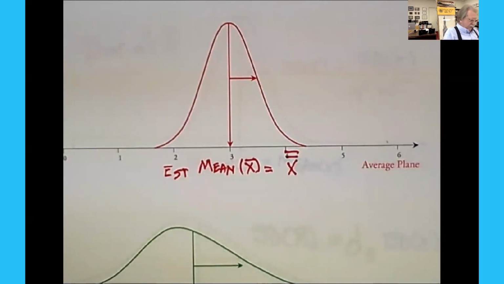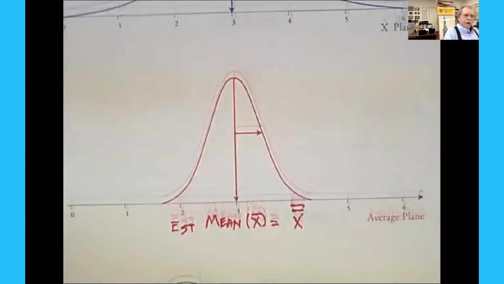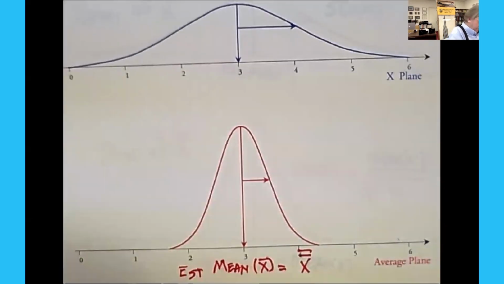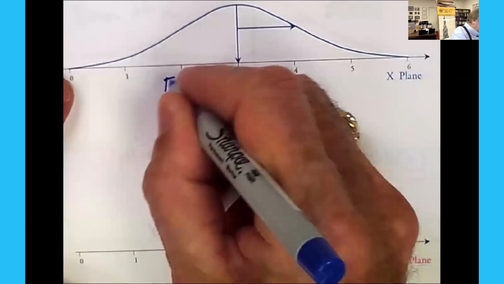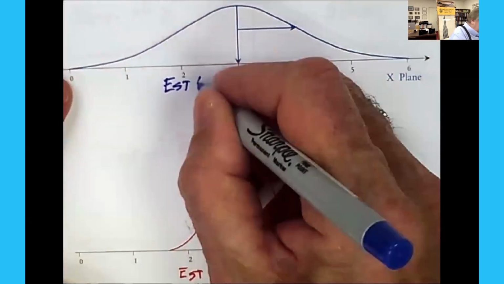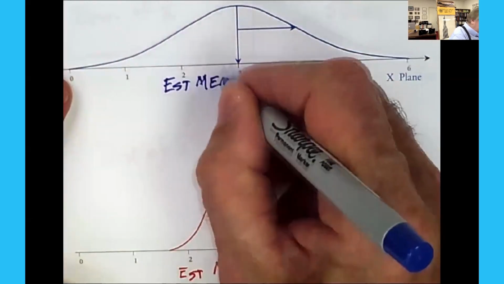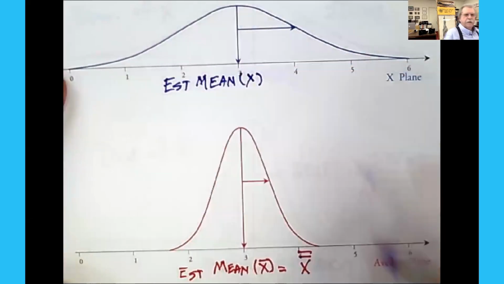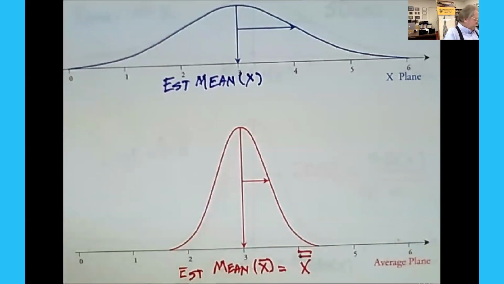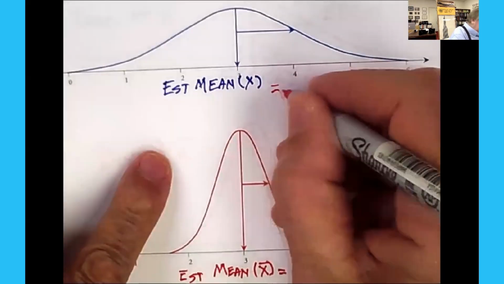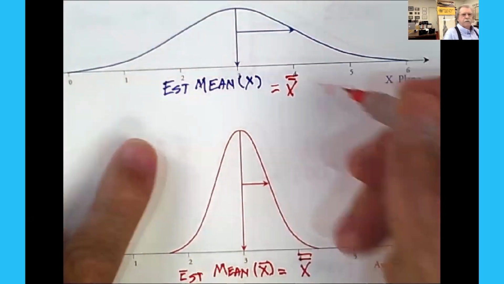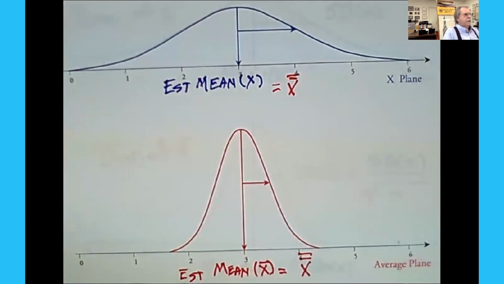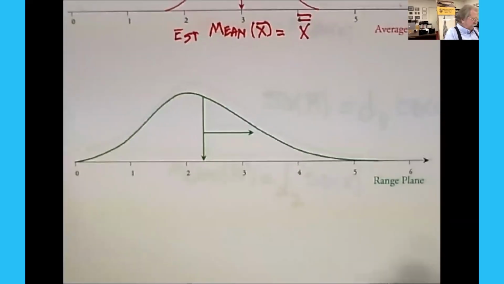And I'll make that distinction clear. Well, now that I know that, how am I going to estimate the mean of the distribution for x? Well, I'm lazy. So I'm going to use x double bar here as well. Okay, let's go down here to the range chart.